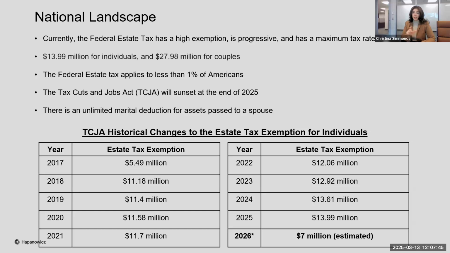And so again, this is what we're going to be watching for. Clients who do work with us, if you do fall within that range where you could be affected, if the exemption levels do not remain the same, then we will be reaching out to you. We'll be reaching out to your attorney, and we will all be working together to come up with a game plan.